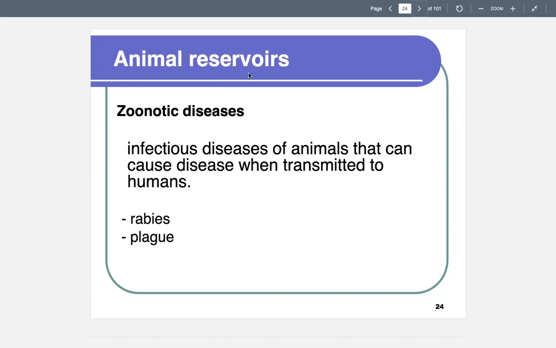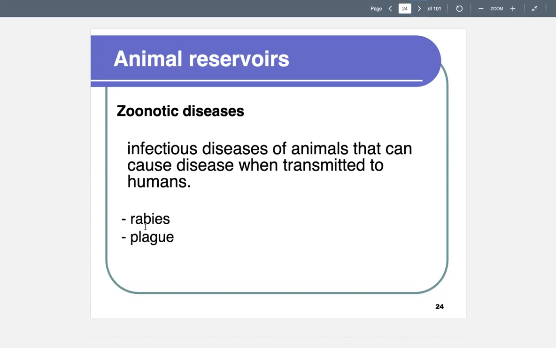Aside from the human reservoir, we have the animal reservoir, or zoonotic diseases. These are diseases that can be acquired from animals. They are infectious diseases of animals that can cause disease when transmitted to humans, such as the rabies virus.